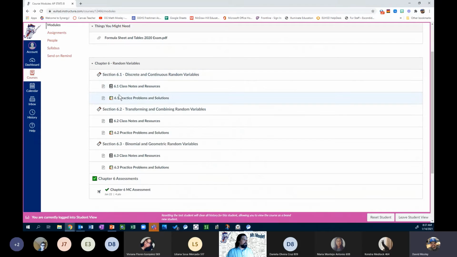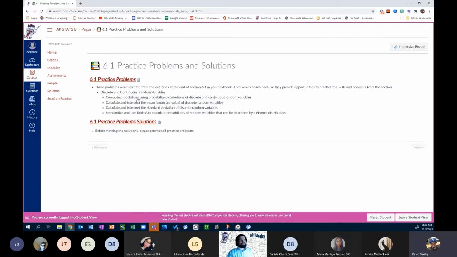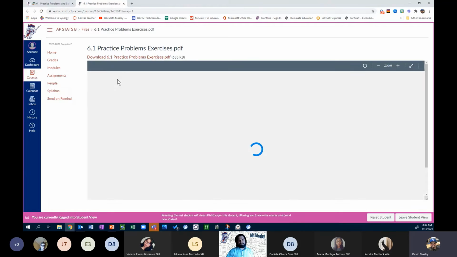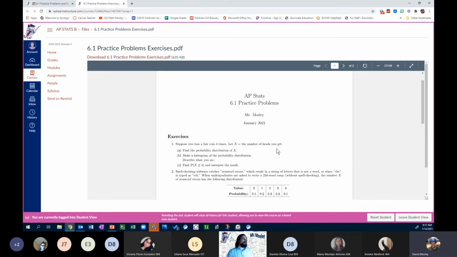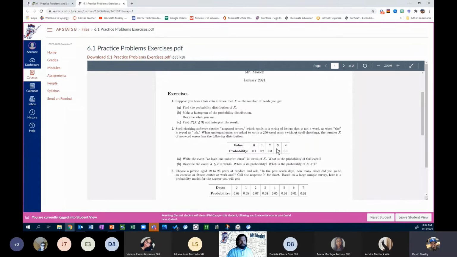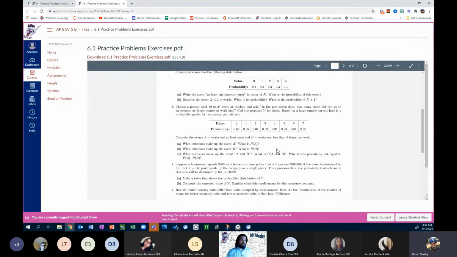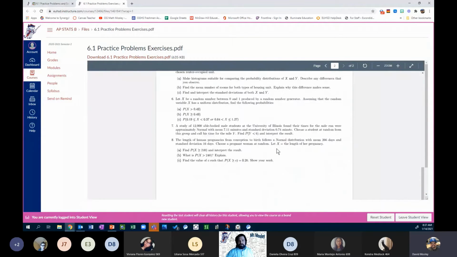The other thing that's included in each of the sections is the practice problems and solutions. Up here we have the problems, down here we have the solutions. The practice problems are just a set of problems that I've selected from the exercises section of the textbook for section 6.1, designed to help you practice the math that we're learning in this section. You don't have to go find them in your textbook.